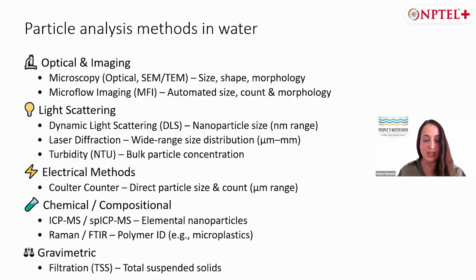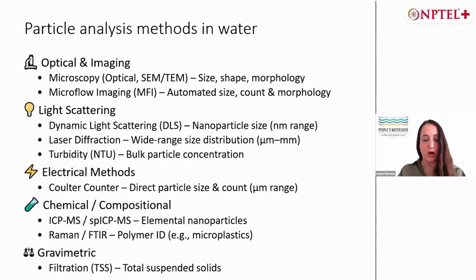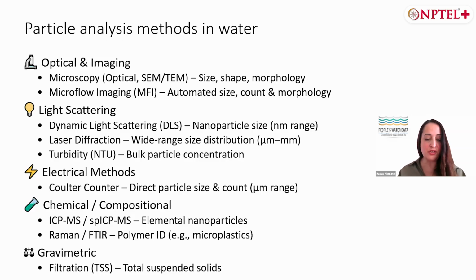So the other methods focus on providing the individual particle characteristics, but turbidity allows us to obtain the bulk particle characterization. In addition to that, we also have additional methods such as electrical methods and also chemical and compositional methods and gravimetric methods, which provide us the total suspended solids.